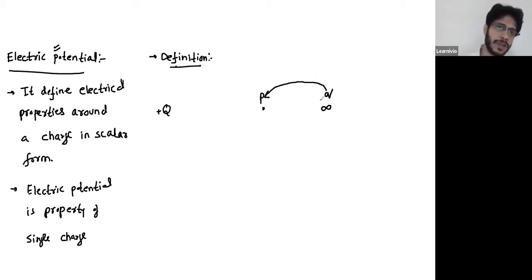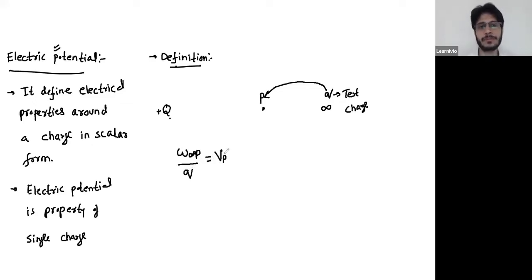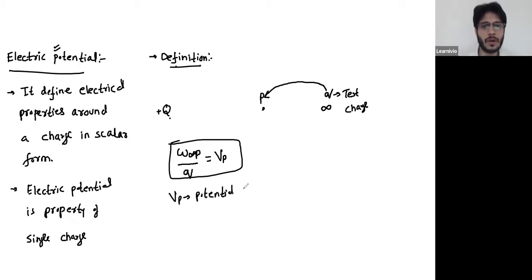Then we calculate work done to bring this charge q from infinity to P. We calculate work done in carrying this test charge from infinity to point P. The ratio of this work done and test charge is the potential at point P, where Vp is potential of Q at P.